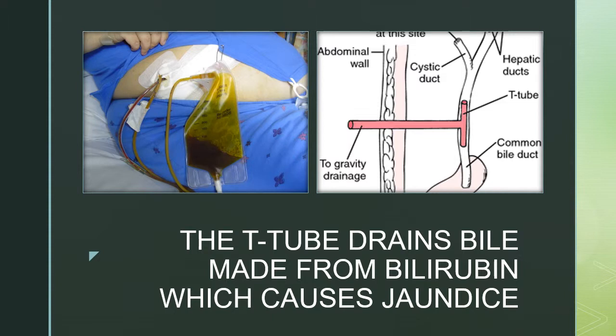This is a picture of a T-tube. So the T-tube drains the bile, which is made from the bilirubin, which causes jaundice. So if you think about what color the bilirubin makes your skin during jaundice, that's the same color that the bile stains your stool and everything else that it touches. So just for a second, look at the bag and notice how yellow food coloring, like really super concentrated yellow, almost browny orange this is.